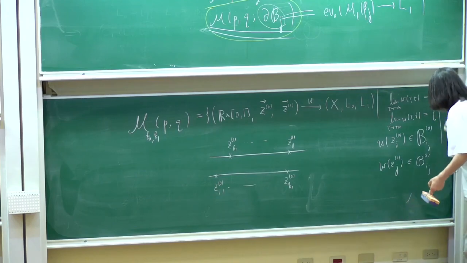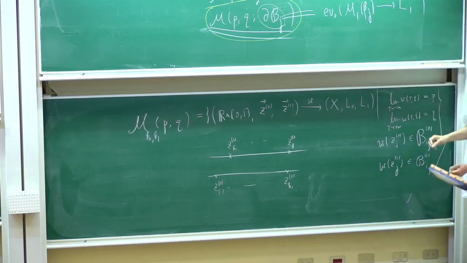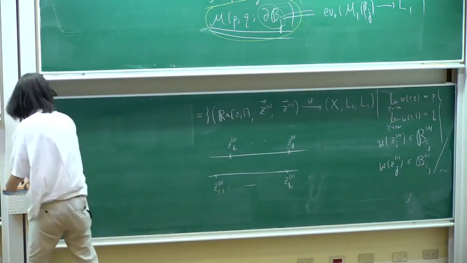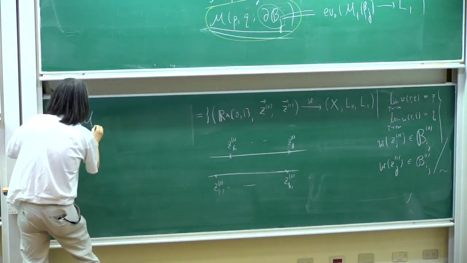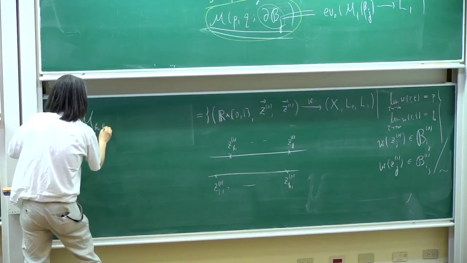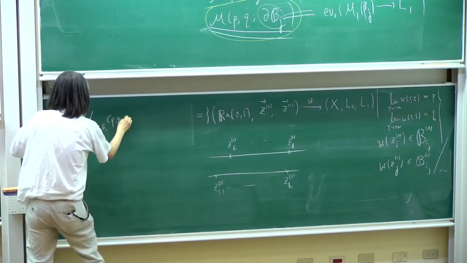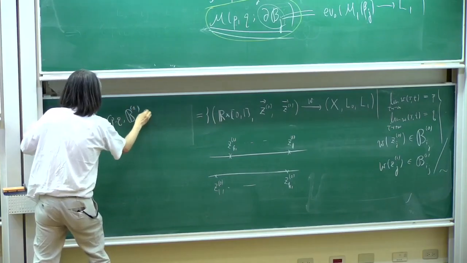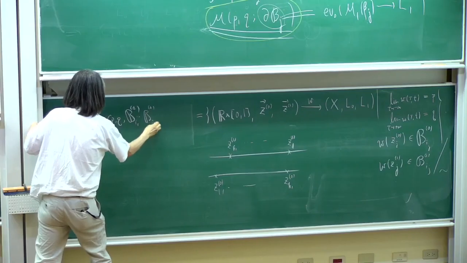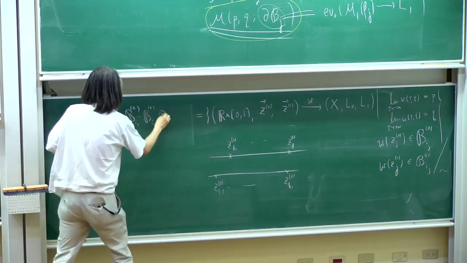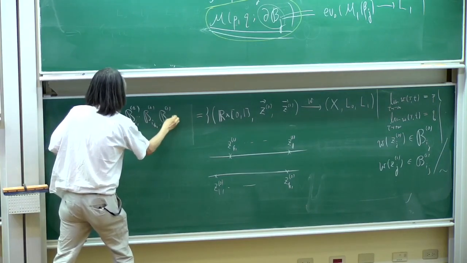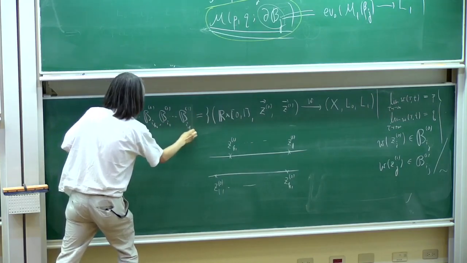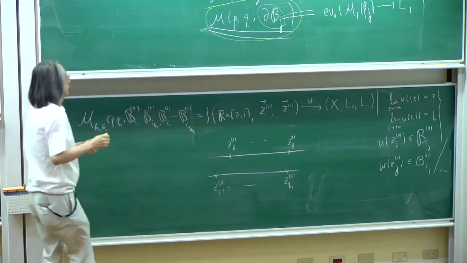And then there is an equivalence relation. So I want to consider such a moduli space. This is M, K0, K1, PQ, and then here I have B0, I1, B0, IK0, and B1, I1, B1, IK1. Okay.